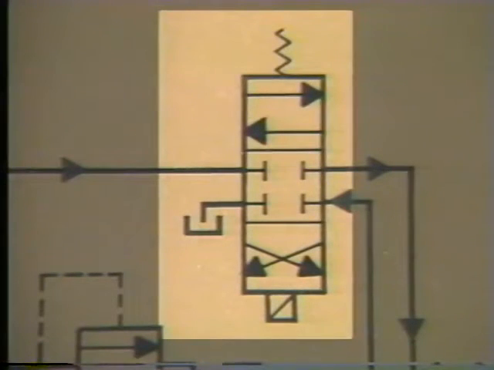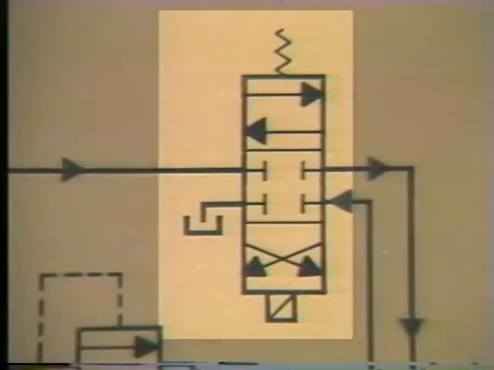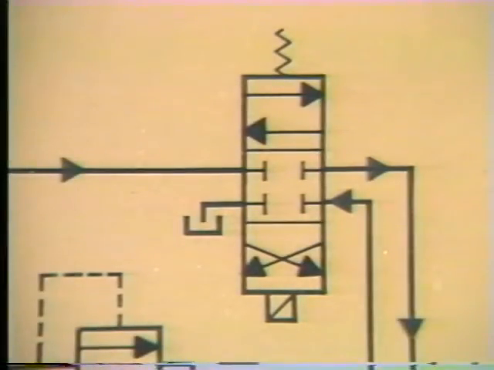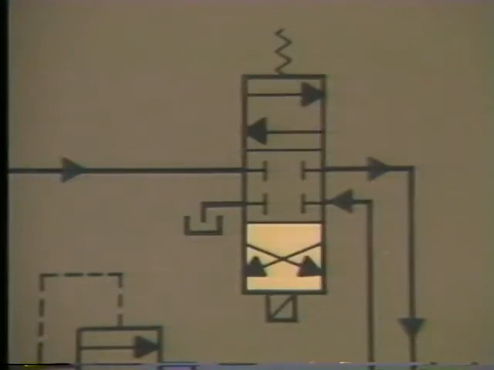This directional control valve symbol illustrates the possible flow paths within the valve. The directional control valve controls fluid flow in more than one direction, and it can change the path of fluid flow. This valve symbol also shows a closed position in which there is no fluid flow.